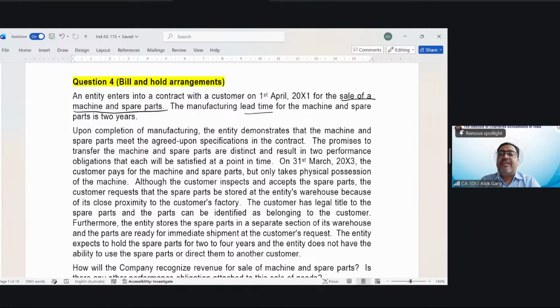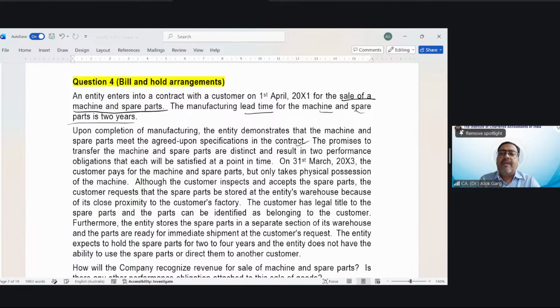The manufacturing lead time for machine and spare parts is 2 years. So in 2 years' time, the machine and the spare parts are going to be manufactured. Upon completion of manufacturing, the entity demonstrates that the machine and spare parts meet the agreed-upon specification in the contract.